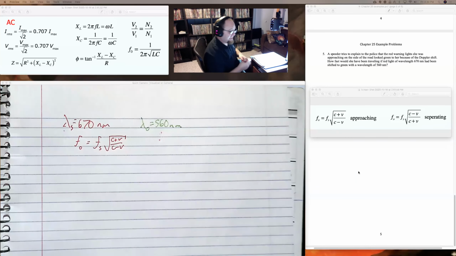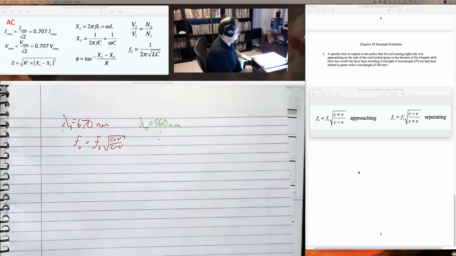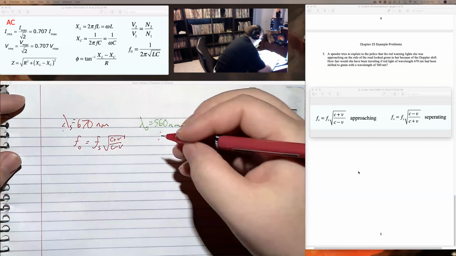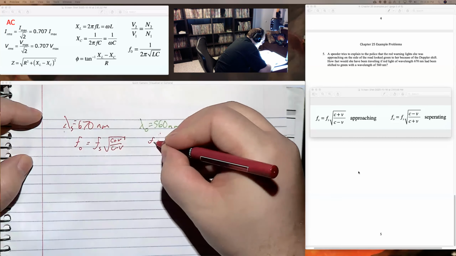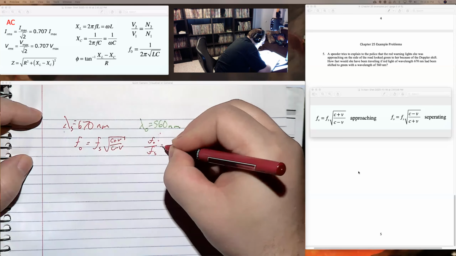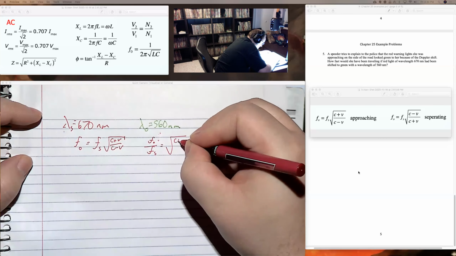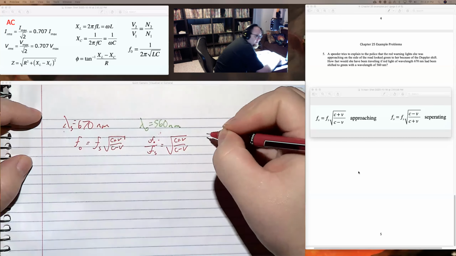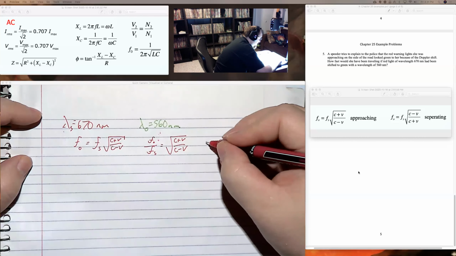Now, this is not an easy thing algebraically to solve, because I need to solve for v and there are two of them in the square root. So I'm going to walk you through the process. I would divide both sides by f of the source. I would then square both sides.